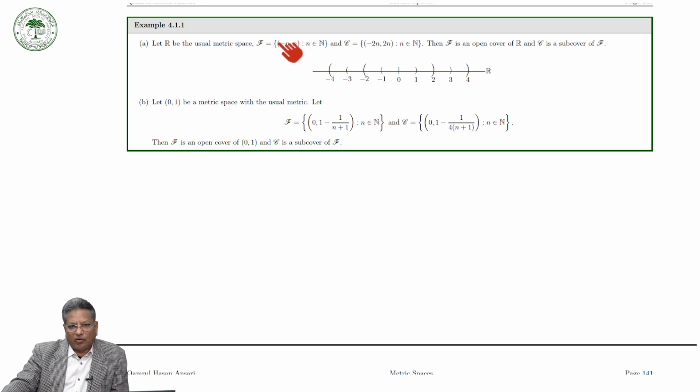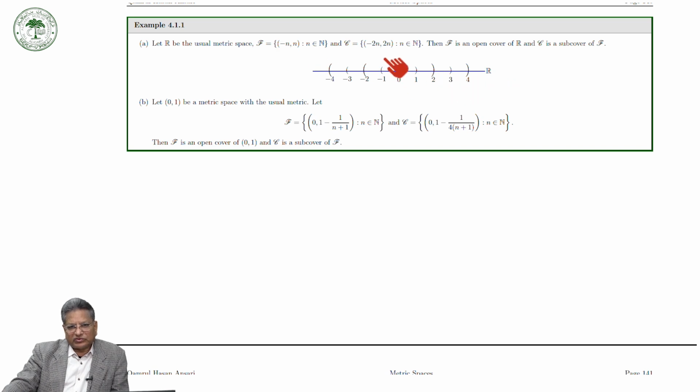The union of all these open sets will cover the whole of R. This is a cover of R, and it is an open cover because the open intervals are open sets in R.